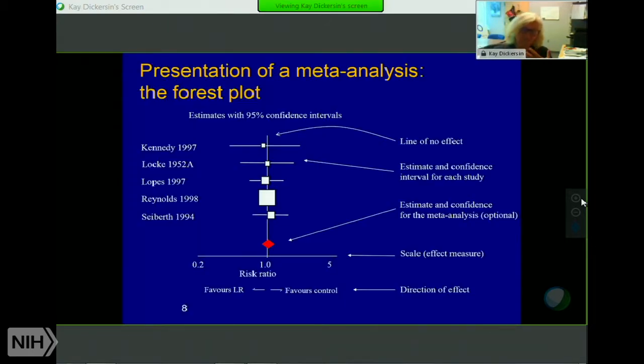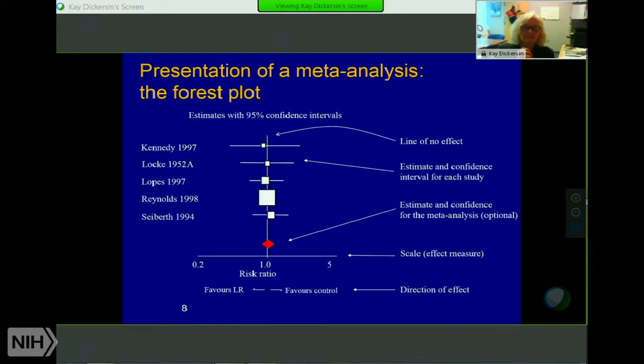So I mentioned a meta-analysis, and this is an example of a meta-analysis. Most people have seen these. It's called a forest plot, and on the left side, you would see the 5 individual studies, and then the horizontal line across and the point estimate goes across a risk ratio of identity, 1.